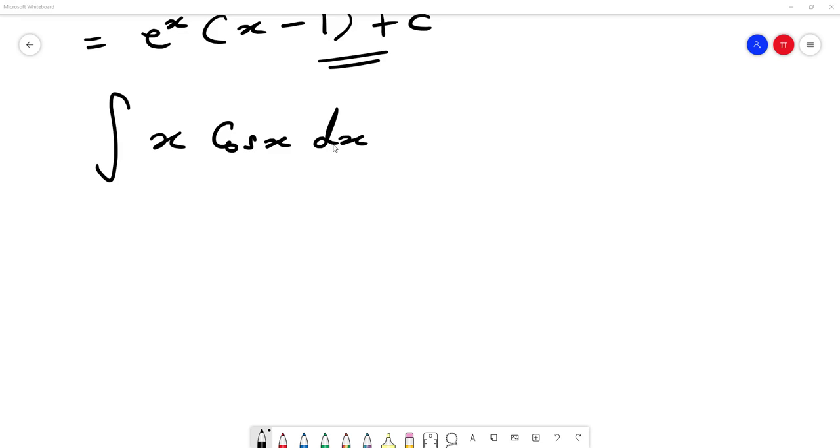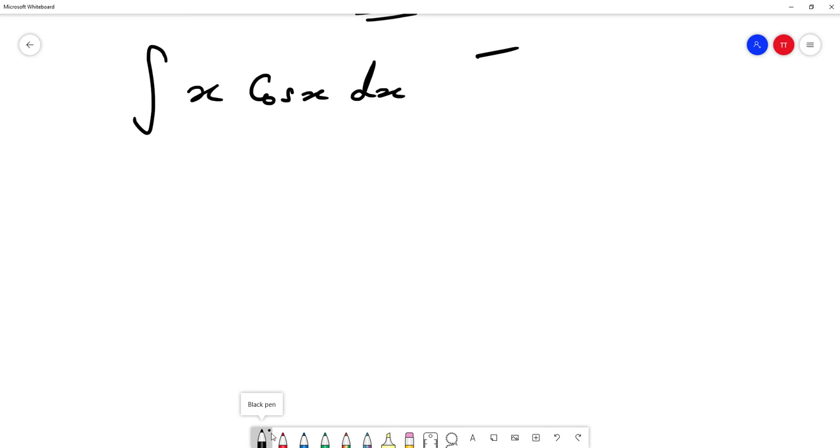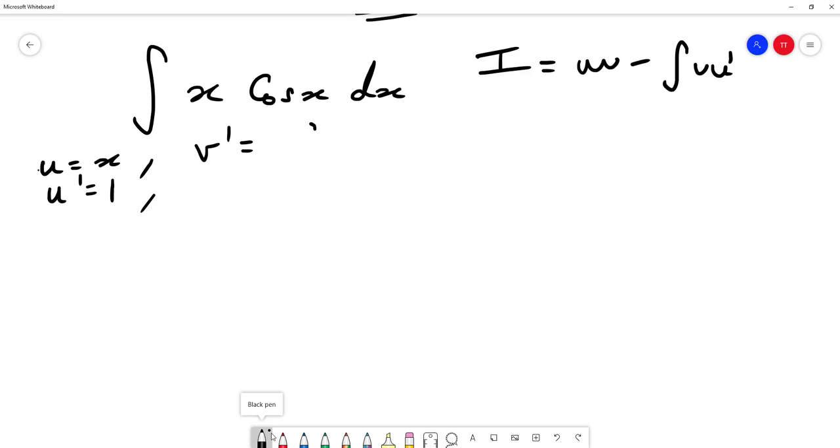Okay, welcome back. So don't forget the parts formula is this: I equals uv minus the integral of vu dash. So in our case, u is x, u dash is 1, v dash is cosine of x, and the integration of cosine of x is going to be sine x.